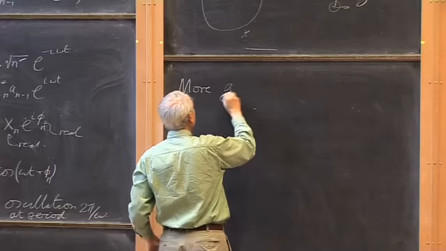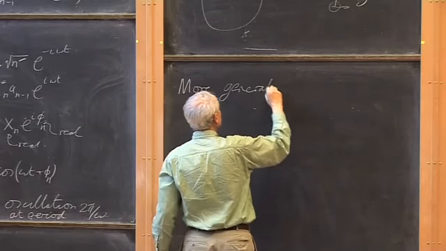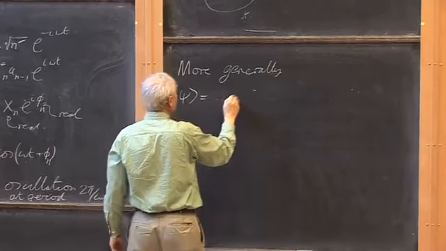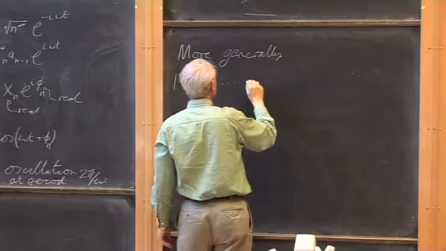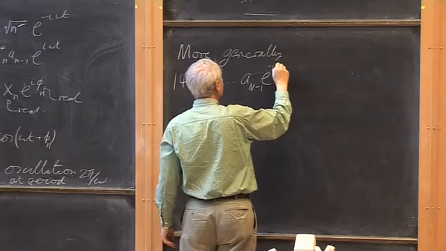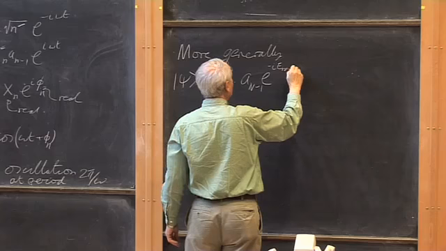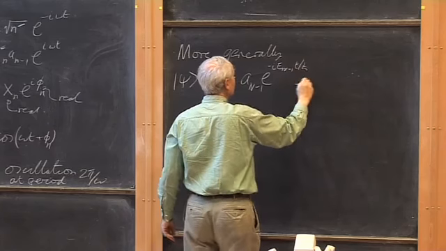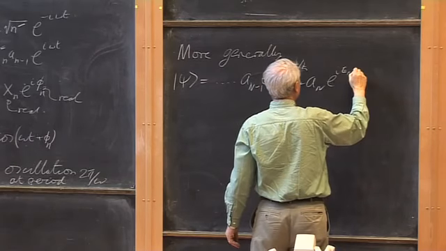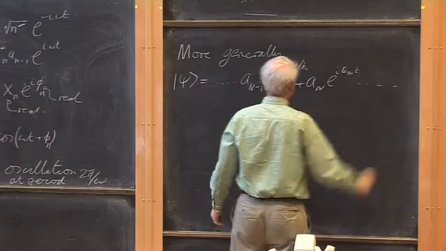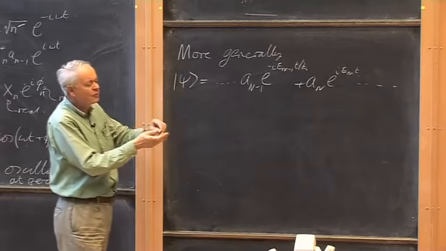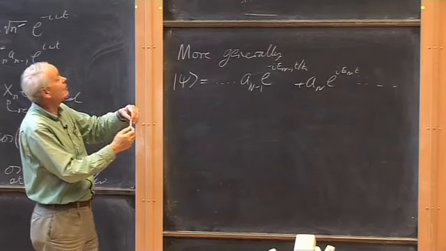So more generally, we're going to have that psi is equal to, it will have many terms, and let's just write down a few of these terms. a_{n-1} e to the minus i E_{n-1} t on h bar plus a_n e to the i E_n, etc. So there will be many of these coefficients, but we know pretty much what the energy of the oscillator is, right?